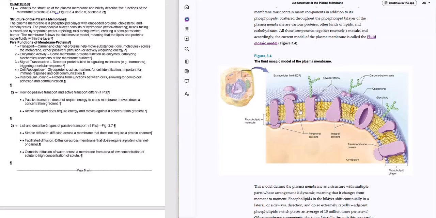And so that gives the cell membrane its classic phospholipid bilayer with the cholesterol embedded. You have proteins embedded, and then you have receptors made out of carbohydrate or lipids, glycolipids or glycoproteins, for cell recognition. And so that gets to the 5 functions of the cell membrane.